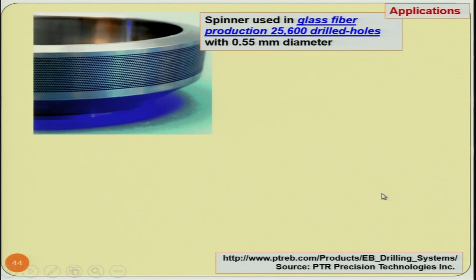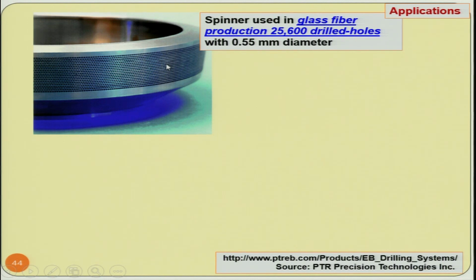Now, a very important thing, please see it carefully. This is the spinner used in glass fiber production, because you will find very fine glass fibers which are used in different applications, and you can see here 25,600 drilled holes with 0.55 millimeter diameter.